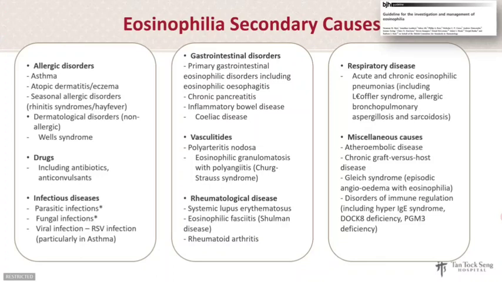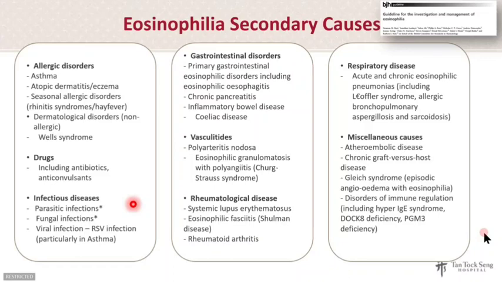First, allergic reactions such as asthma or atopic dermatitis or eczema. Some non-allergic dermatological disorders can cause eosinophilia. Drugs, including antibiotics or anticonvulsants, which I will show in the slides later, can also cause eosinophilia.